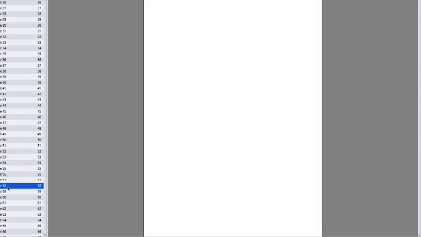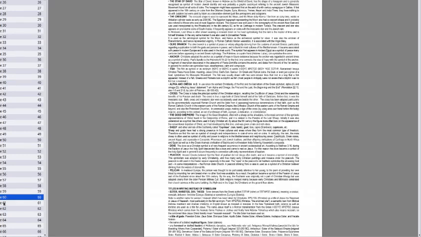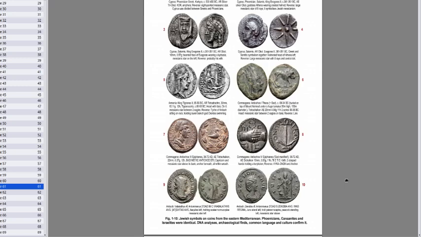And it starts heading to the coins, history of the old coins.